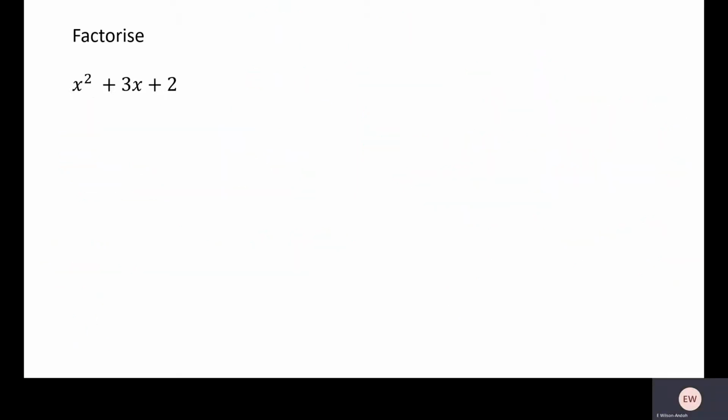Let's look at the second example using the same expression. So in the second method, now we have our A to be 1, B to be 3, and C to be 2. So we find our AC.